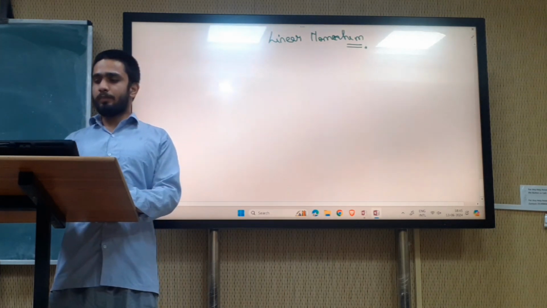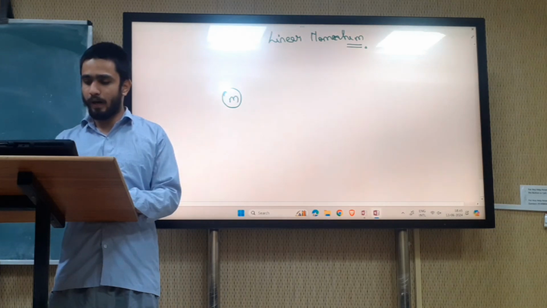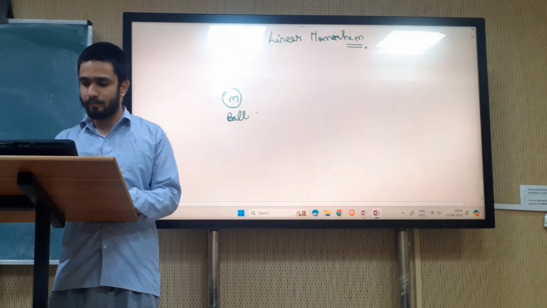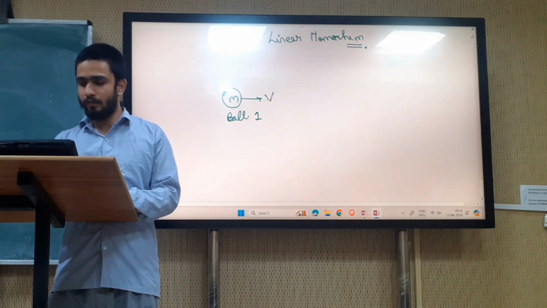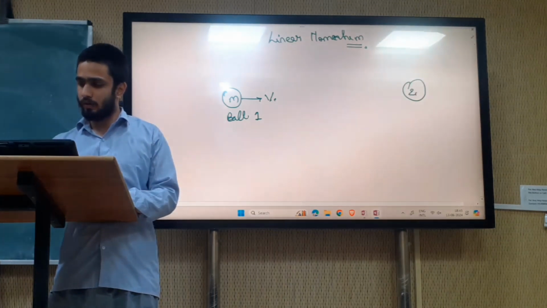Suppose there is an example in which ball 1 of mass m is moving with velocity v, and this ball is at rest, of mass 2m.